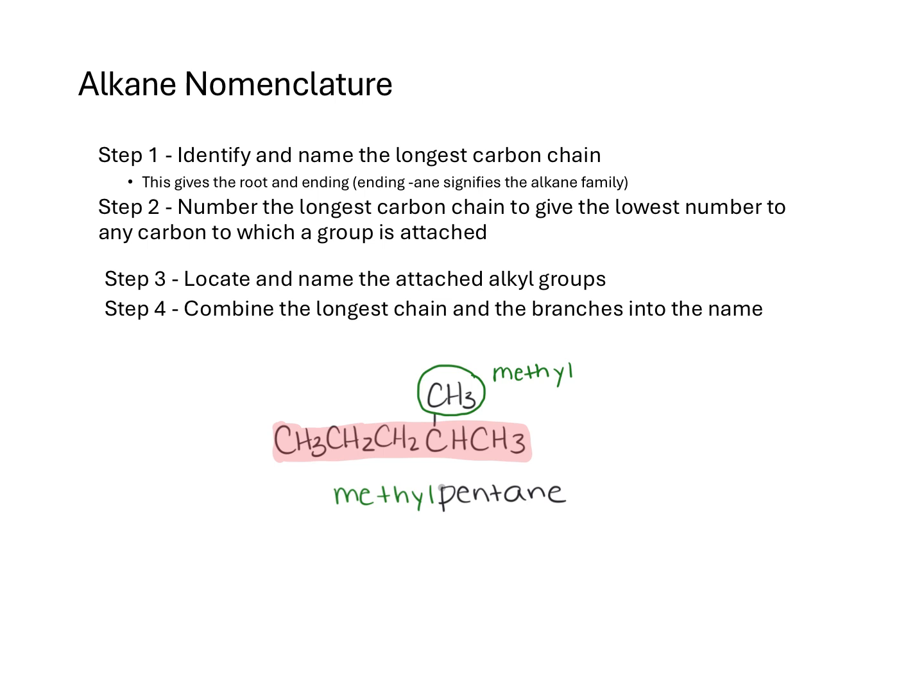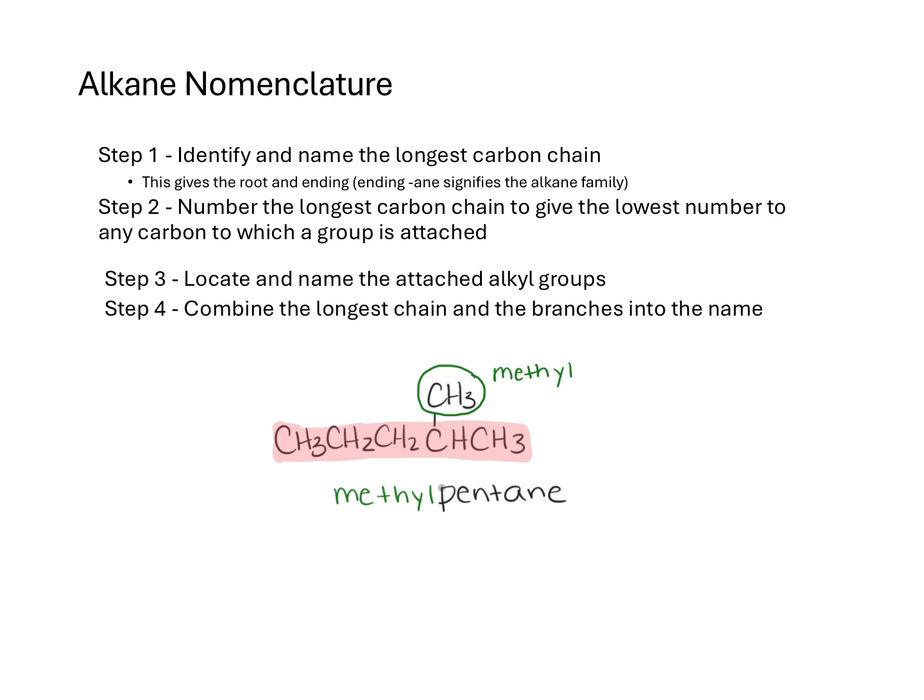Now, here's the deal. We could have a methyl that's attached here like it is, or here, or here, and so we need to figure out a way so that we know where that methyl group is attached in the chain. And what we use to do this is a number. And so you're going to number the longest chain to give the lowest number to any carbon to which a group is attached. So when we do this, you want the methyl group to have the lowest number.